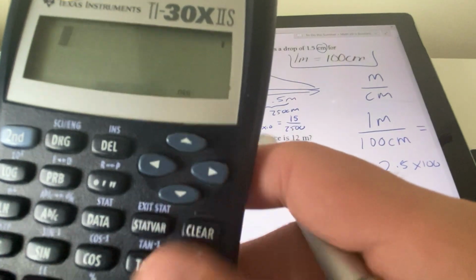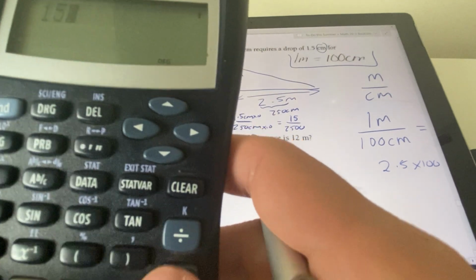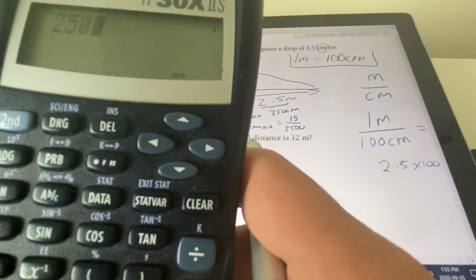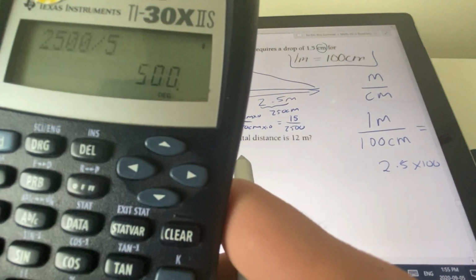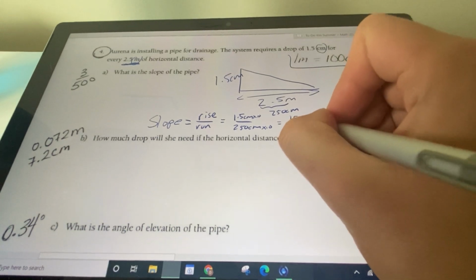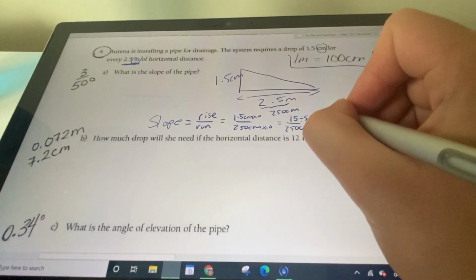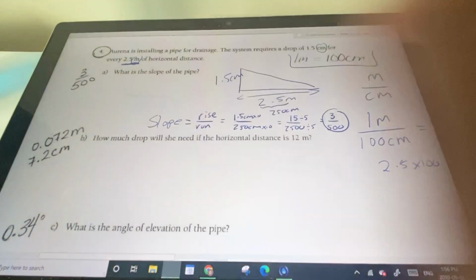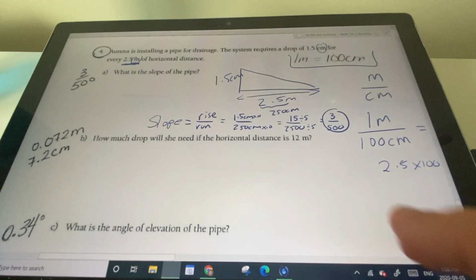That doesn't work. Okay, let's try 5. 15 divided by 5. That works. Let's check if 2,500 is divisible by 5. That works as well. So I'm going to divide both these numbers by 5. And that's going to give me 3 over 500. And that's our solution there.